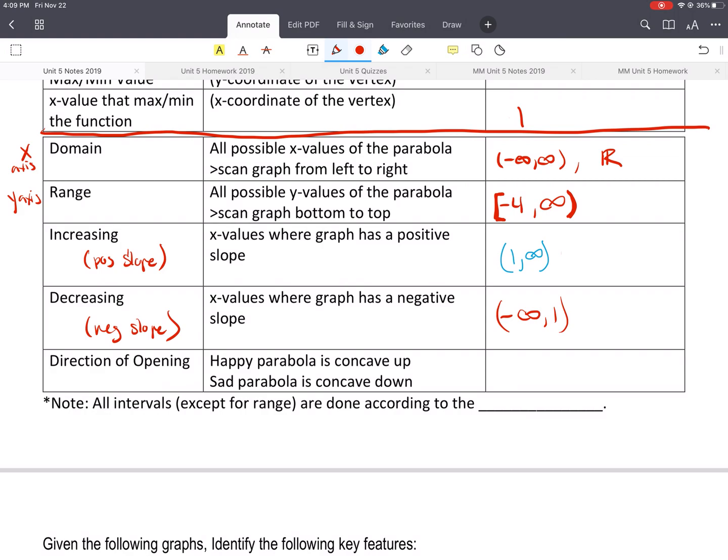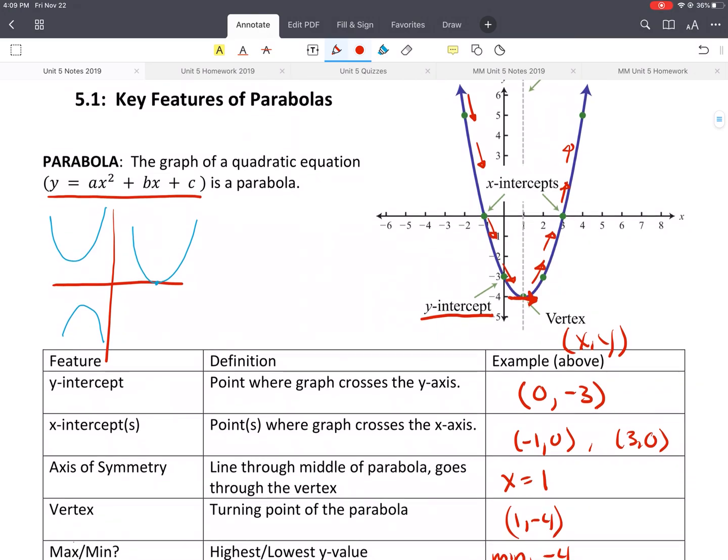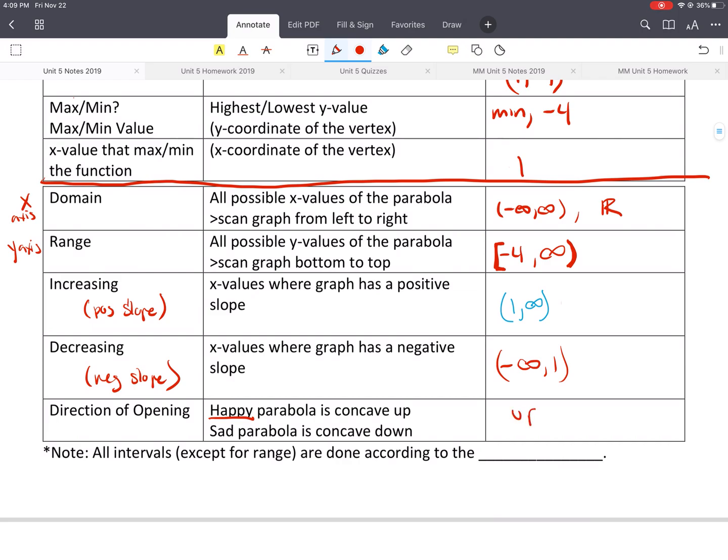Okay? And then we've got direction of opening. Okay, so happy parabola is concave up. You're thinking up. A sad parabola is concave down. So in this situation, it's a smiley, happy parabola, so it's up.